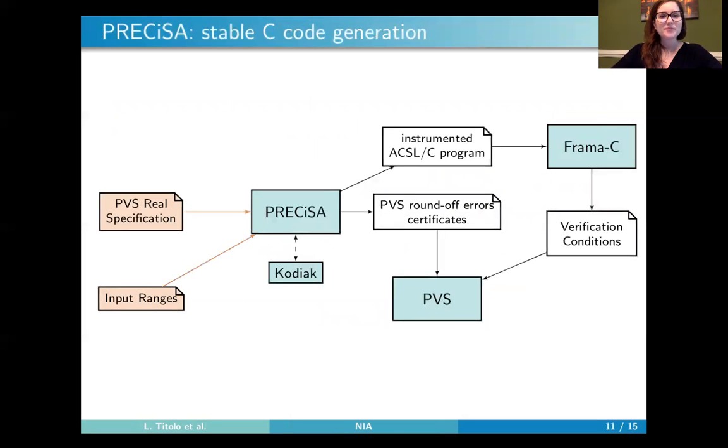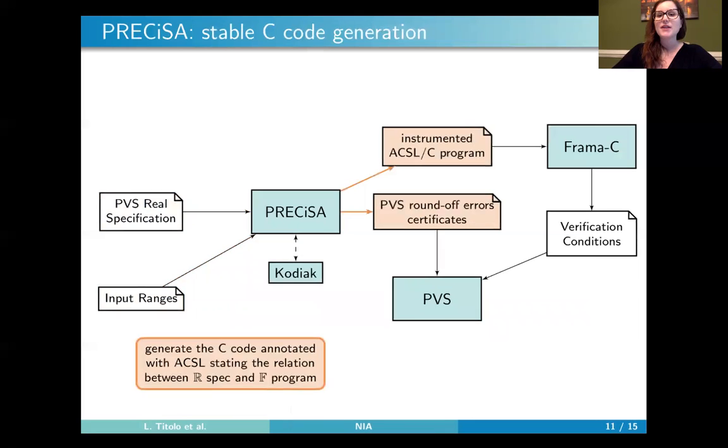So to sum up a little bit this part, PRECiSA takes as input a PVS real value specification and input ranges for the input variables, and generates a C implementation of the specification, which applies also the transformation tau to detect unstable guards.